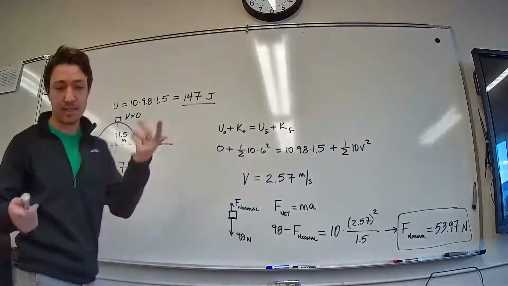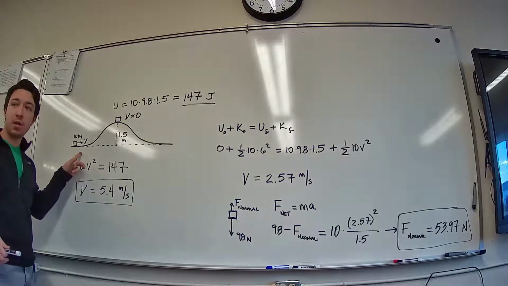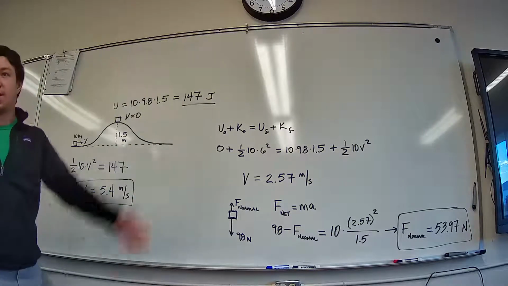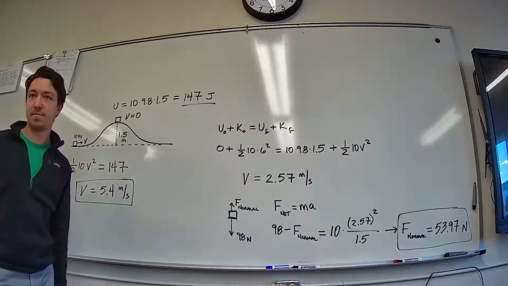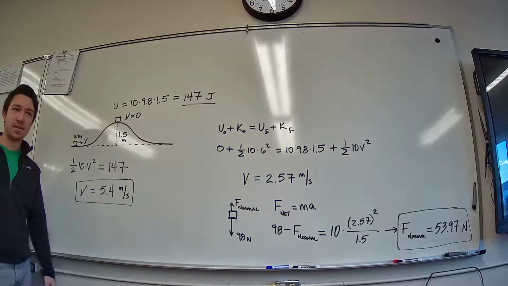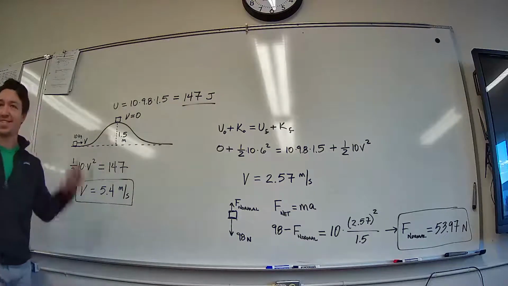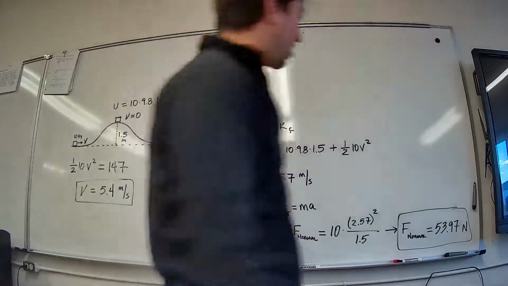Now part C says, what's the maximum speed he could have at the beginning without flying off the hump? You can imagine, if you've driven a car or gone skiing or snowboarding or skateboarding, if you go fast enough, you'll just fly off the hump.